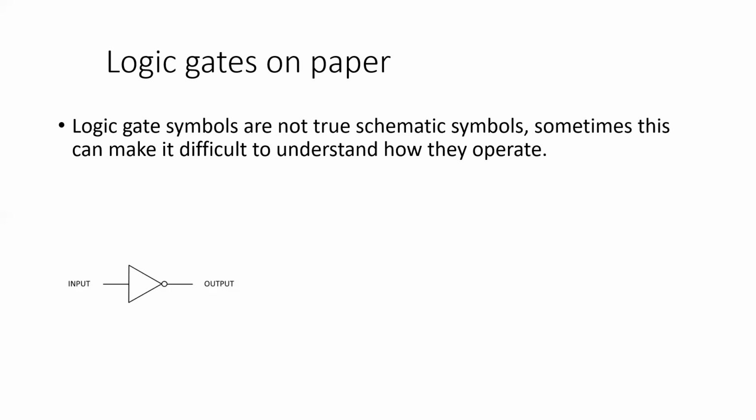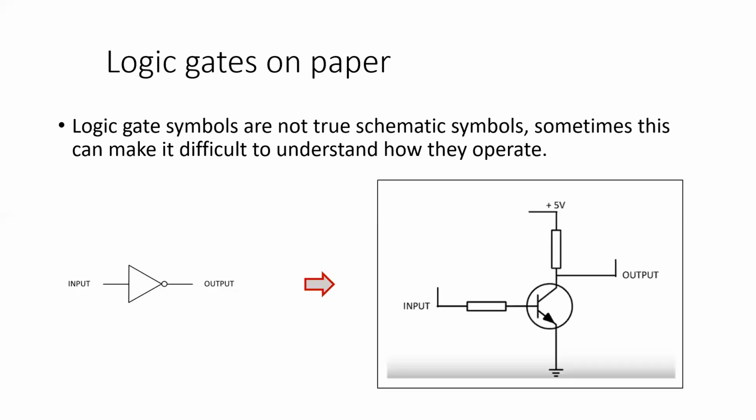It's not really a schematic symbol. Because of that, we need to understand that there is more at play with that particular symbol. And we'll take a look step by step at how this will operate.